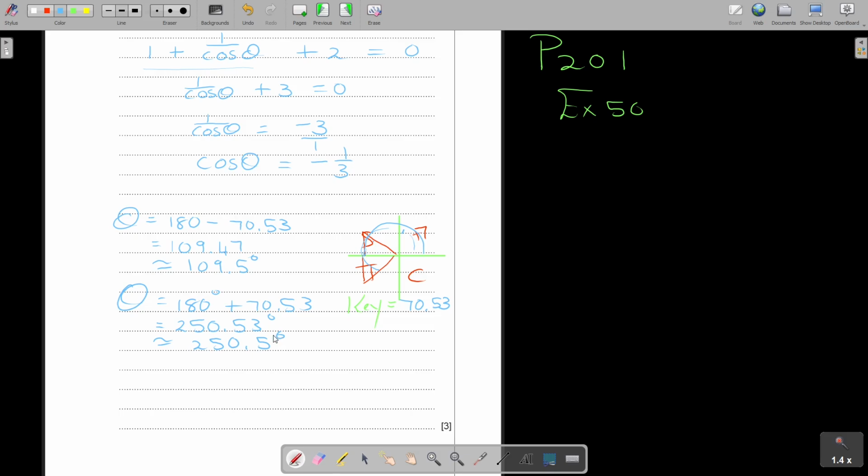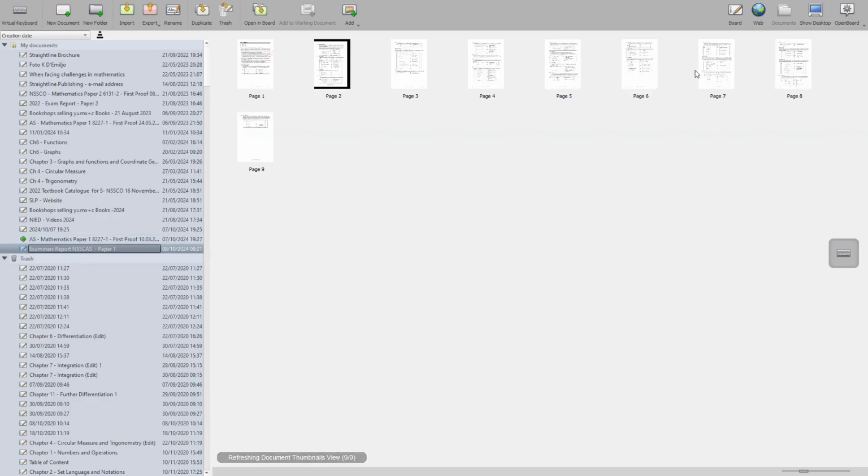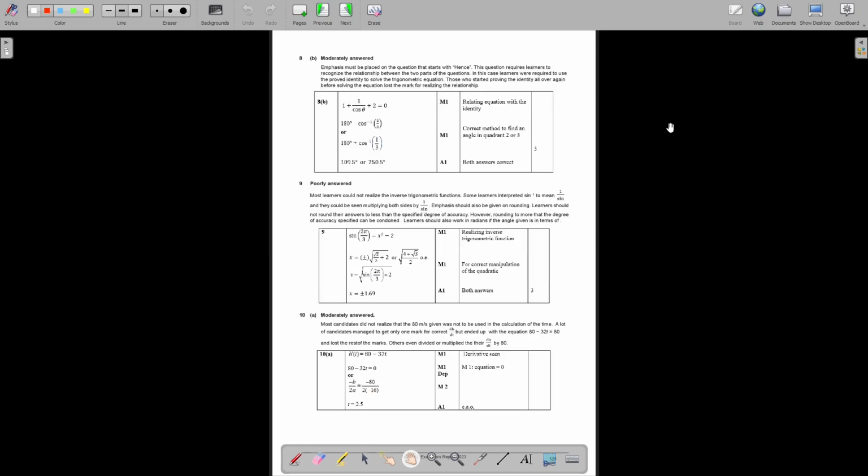Okay, and I think if you got it by substituting it there, then for this equation you get the final marks. But let's go and see if that is correct. Okay, so go to the report, and that will be question number B.